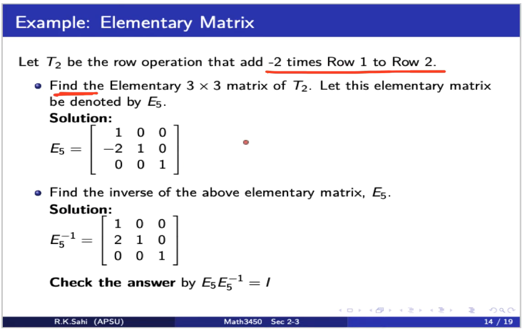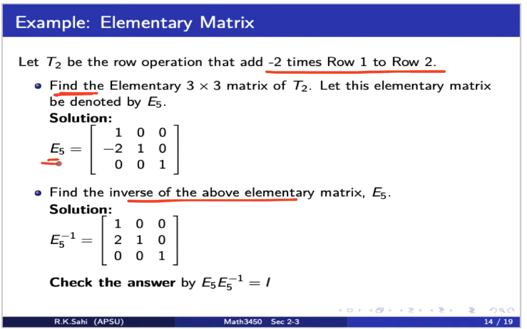And we said that every elementary matrix is invertible. So what would be the inverse of this elementary matrix? Remember, it will be doing the same kind of row operation, but with a little change in the values. So the inverse of this matrix is basically multiplying the first row of the identity matrix by 2 and adding it to the second row.